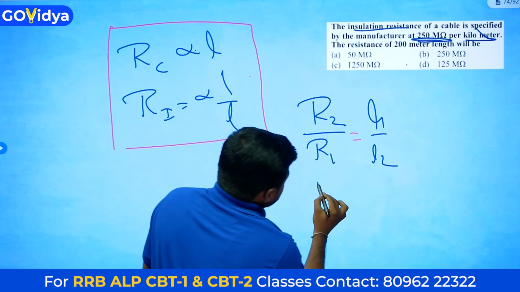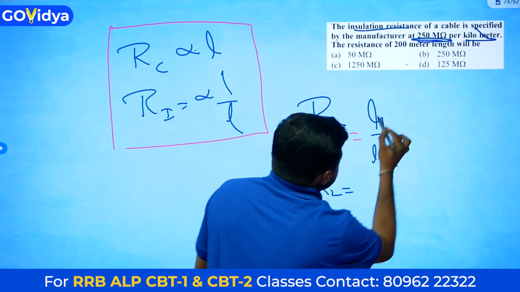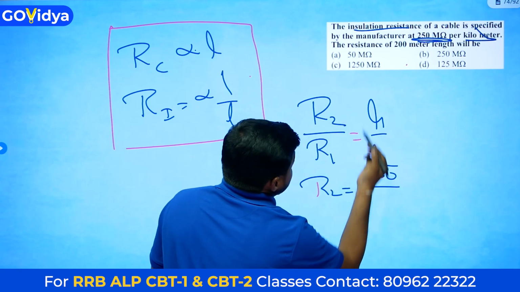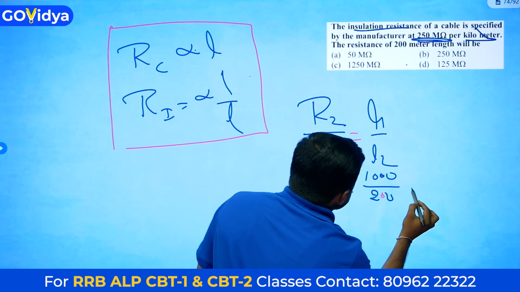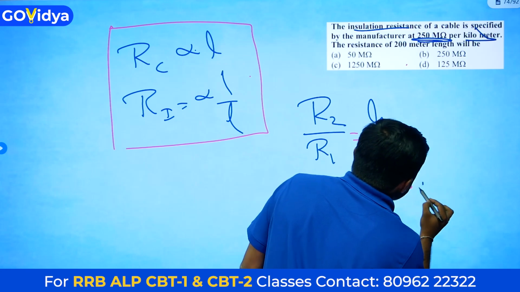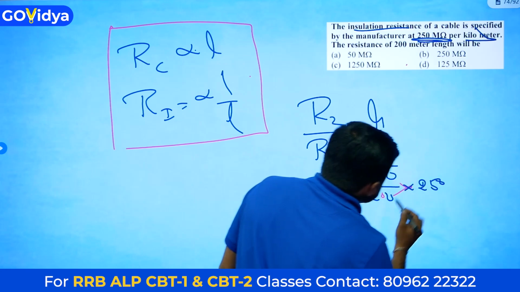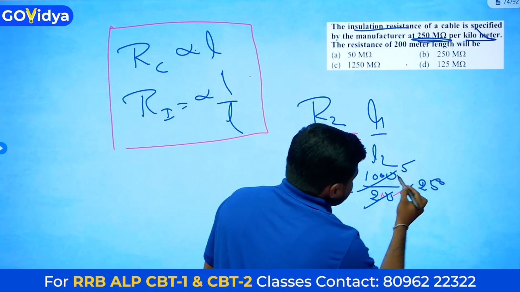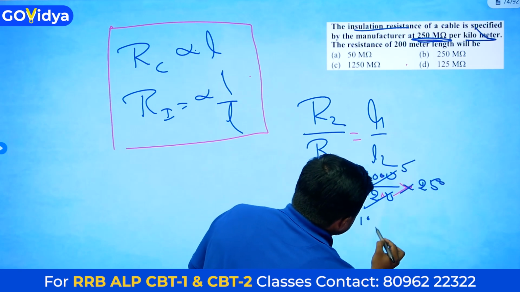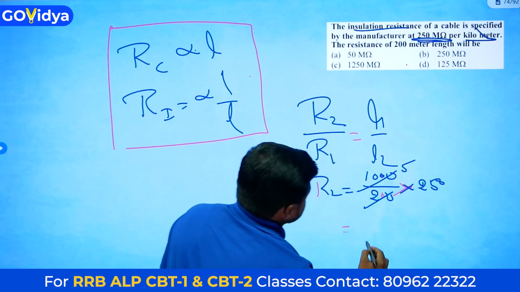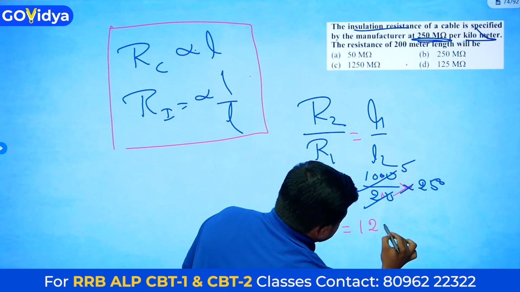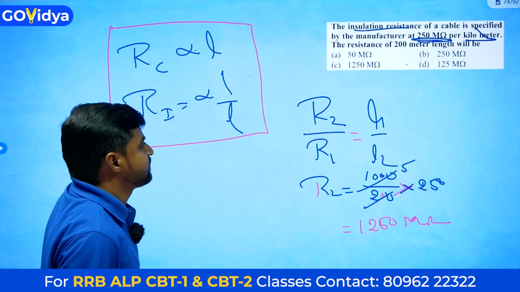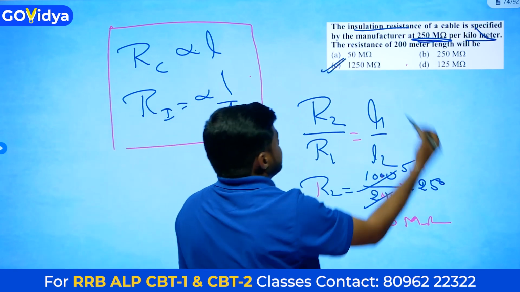R2 we have to find. L1 is 1 kilometer, which means 1000 meters, by L2 is 200 meters, into R1 is 250 megaohms. 200 into 5 is 1000, 5 into 250 is 1250 megaohms. From the options, option C is the correct answer.